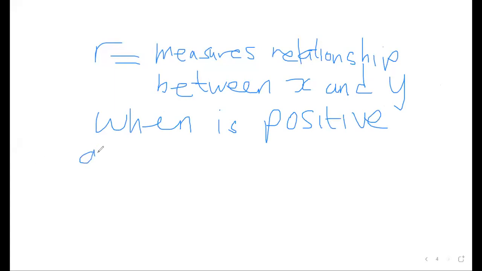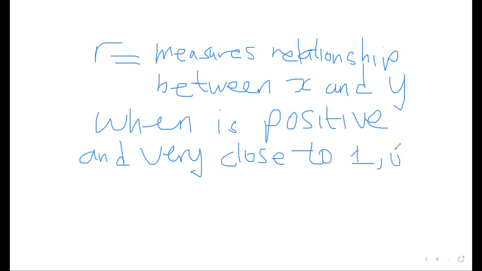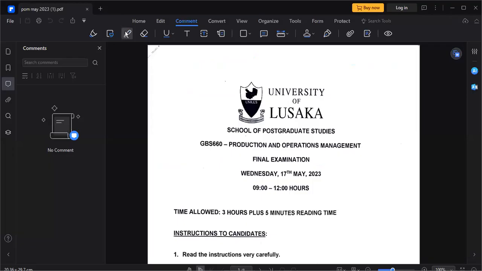When R is positive and very close to 1, it means we have a very strong positive relationship between x and y.